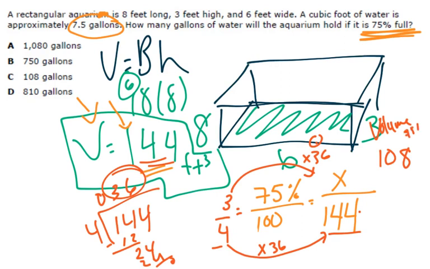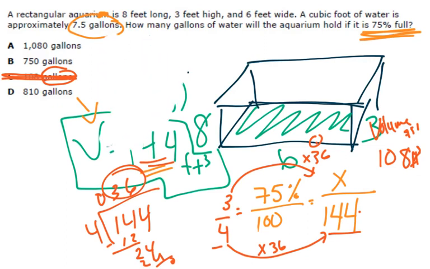Volume is measured in feet to the power of 3. This is in gallons. C is trying to trick you into being like, I found my answer. Nope. You found the volume of the aquarium when it's 75% full. I'm going to clear myself some space. Okay.